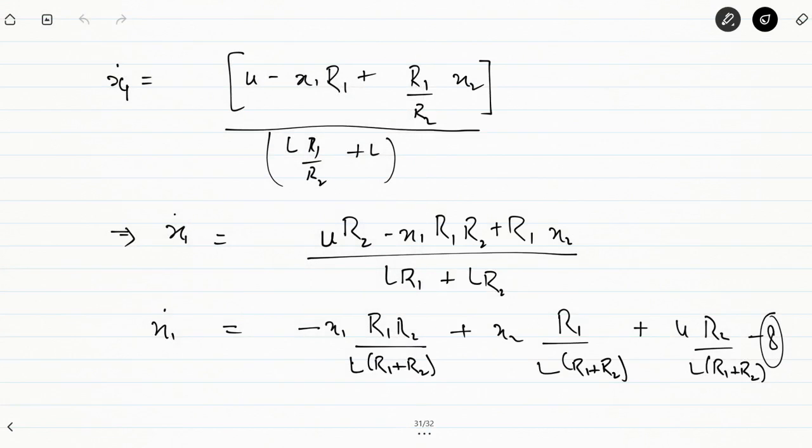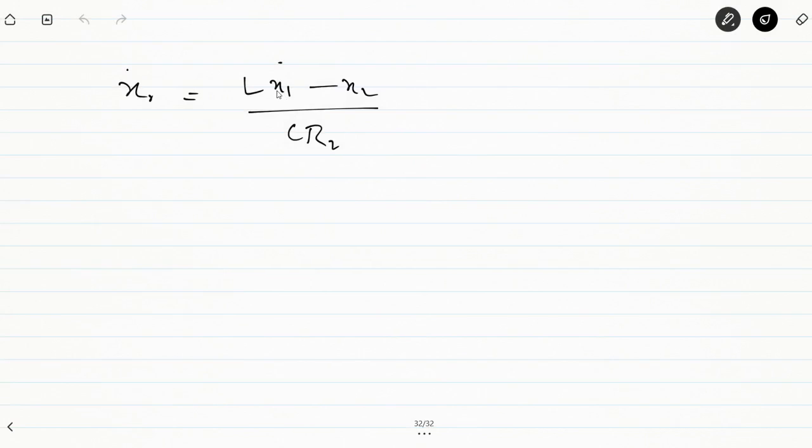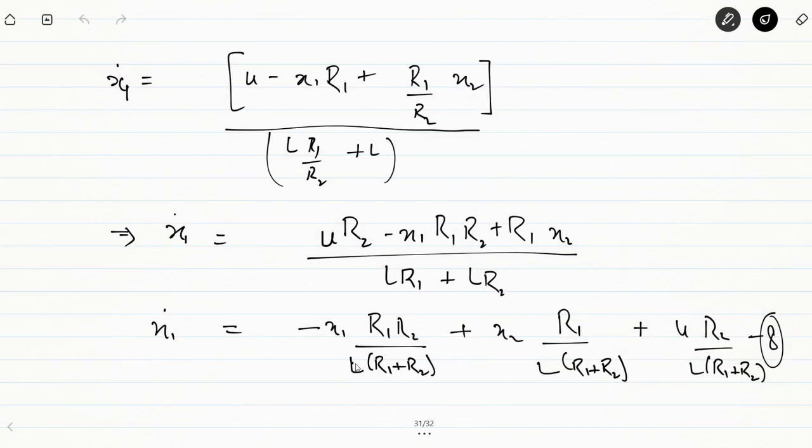And this is our equation number 8. We have to actually substitute this in instead of X1 dot. So we will be getting, L X1 dot की जगह पे आपको ये सारा substitute करना है यहाँ पे.